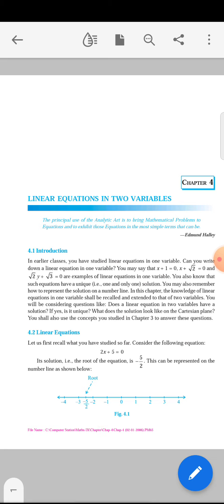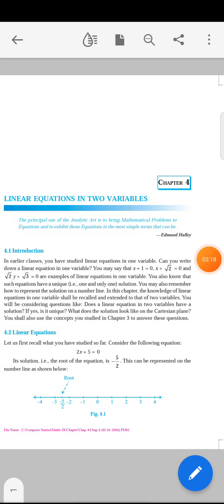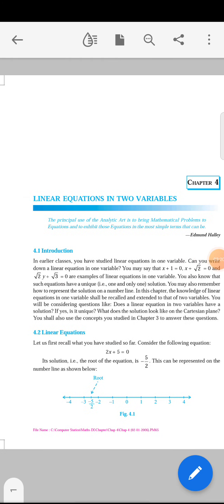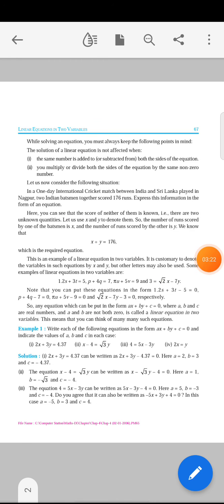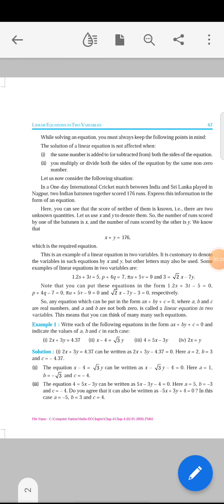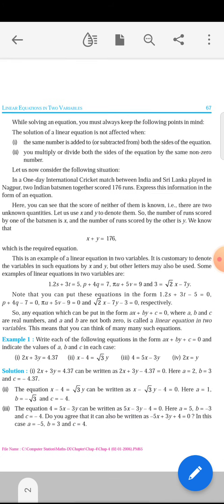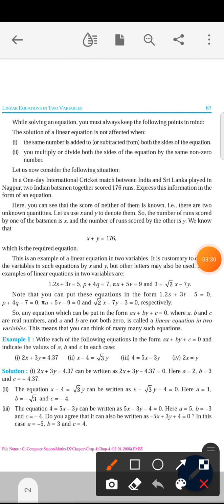Now in this chapter we have to learn about linear equations in two variables. Okay, so on the next page some properties of linear equations are given, which we have to know. So the first property: in any linear equation, the same number is added to or subtracted from both sides of the equation.